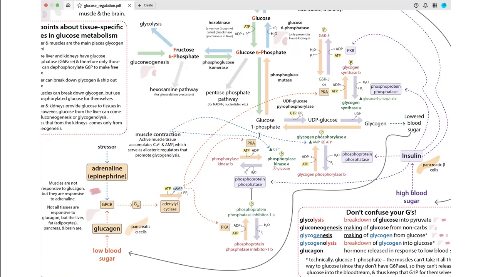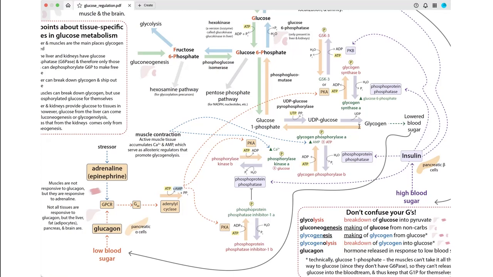Now we're seeing that it's actually activating our phosphorylase kinase and thereby promoting glycogenolysis, so our glycogen breakdown. And so the phosphorylation by PKA activates phosphorylase kinase. Phosphorylase kinase, once activated, is able to phosphorylate and activate glycogen phosphorylase, which is then going to be able to promote the glycogen breakdown.